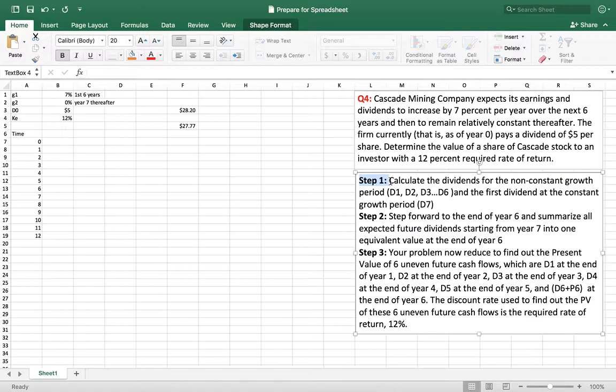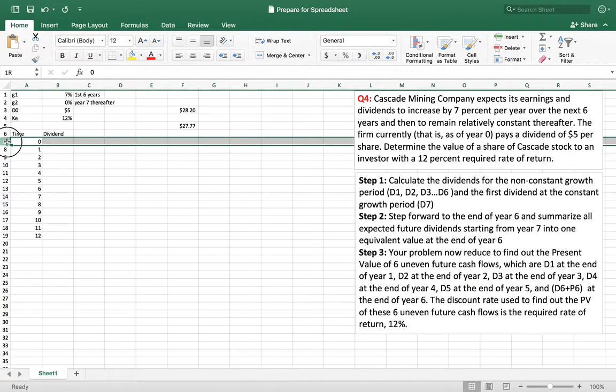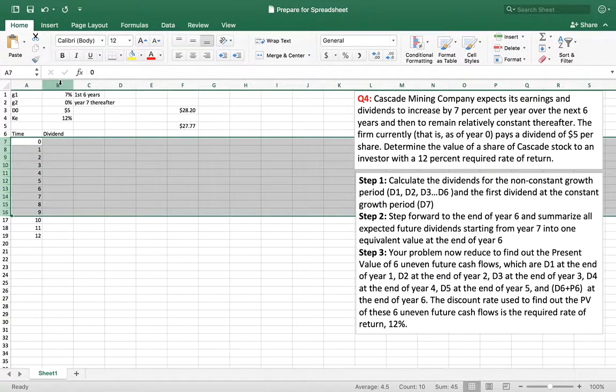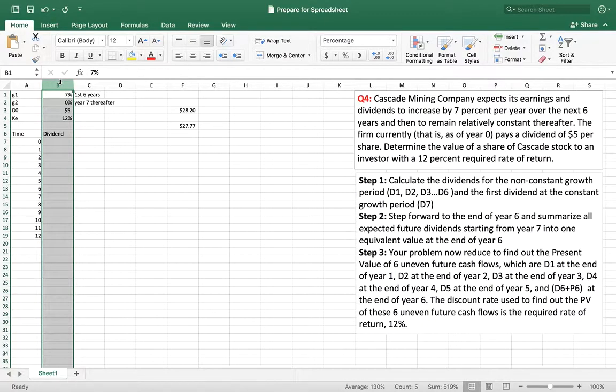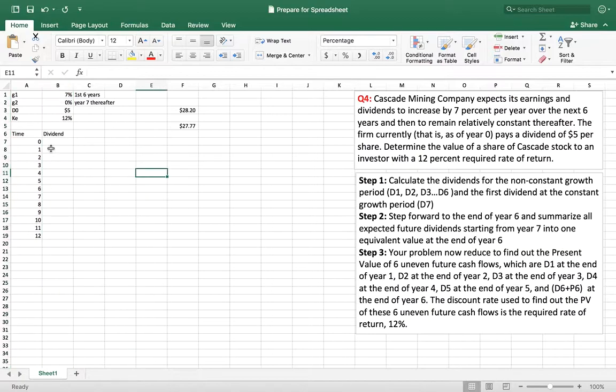To write down these dividends in the spreadsheet, I first write down dividend in cell B6 to indicate that the number shown below row 6 in column B represents the dividend at the different corresponding time period.